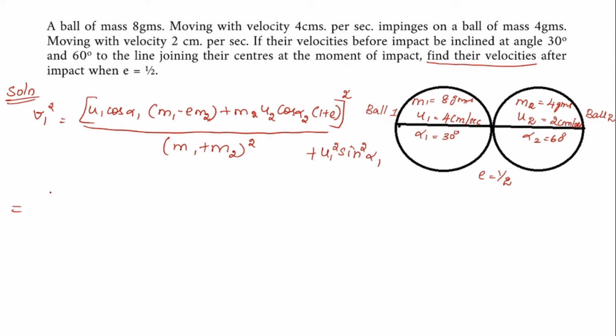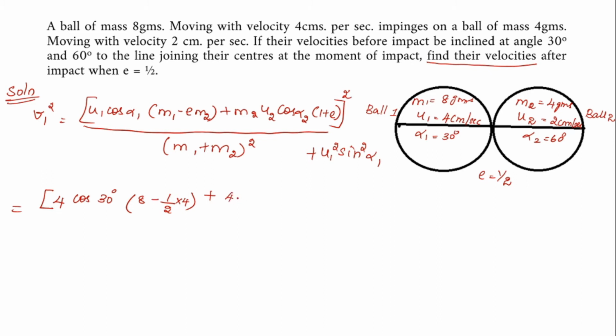So it will be u1 is 4 and cos alpha 1 is cos 30 degree, and m1 minus e m2: m1 is 8 grams, e is half and m2 is 4 grams, plus m2, 4 grams, into u2.